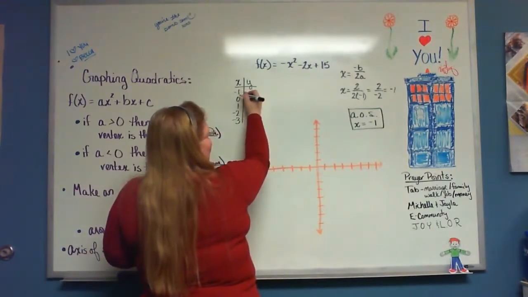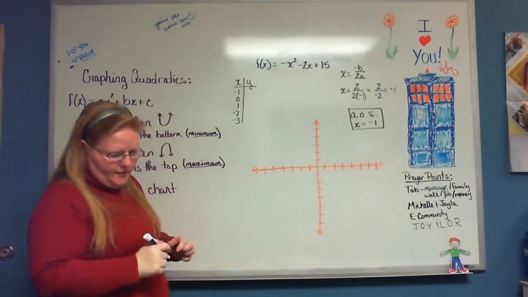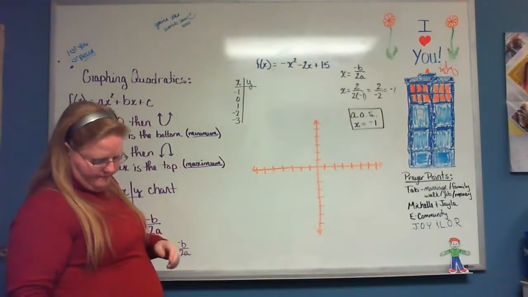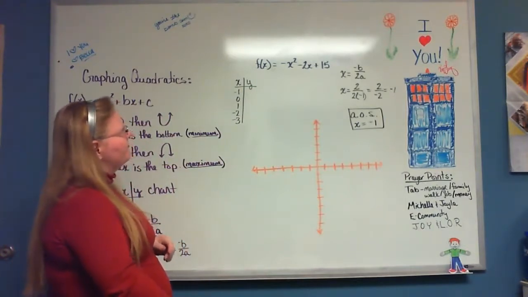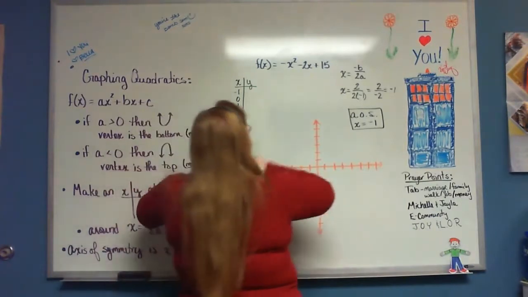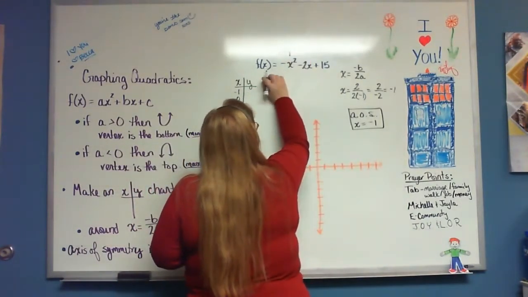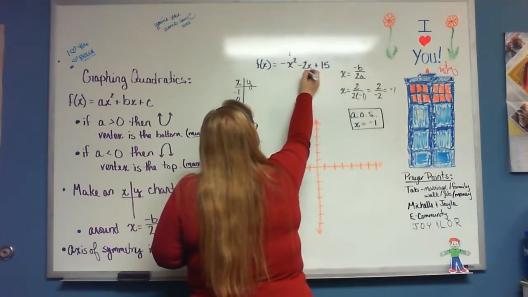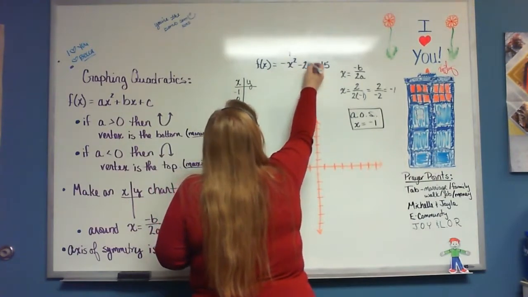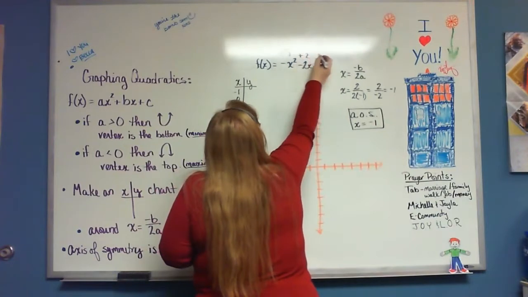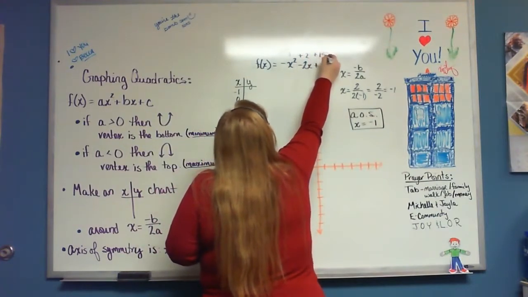So -1, plugging it in. Let me do that in a different color. Plugging in -1, I get +1 minus 2 times -1 makes it a +2, plus 15.